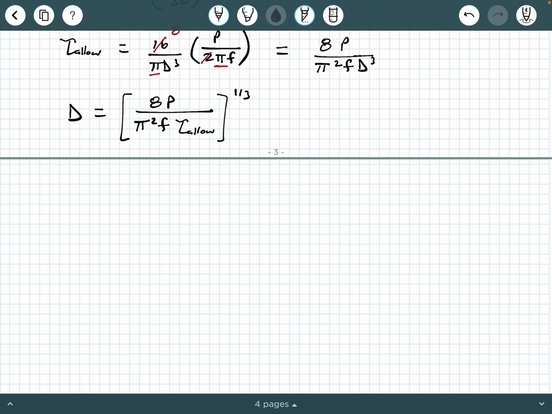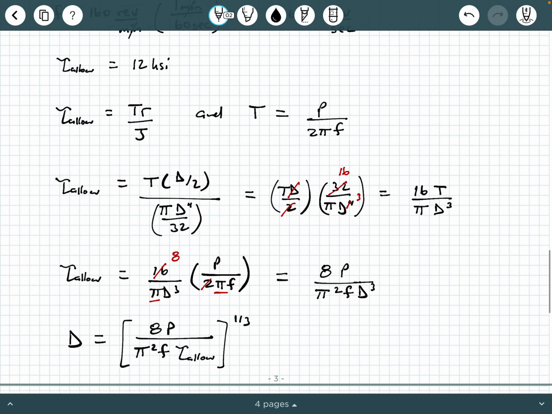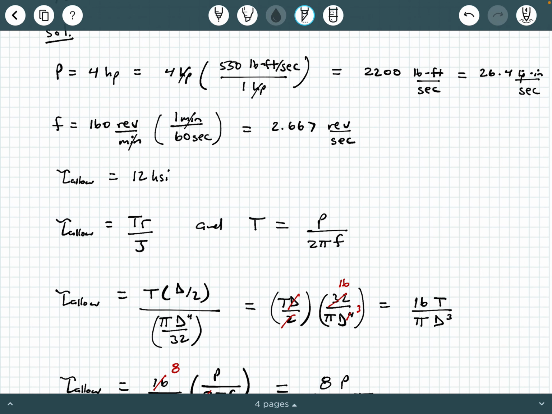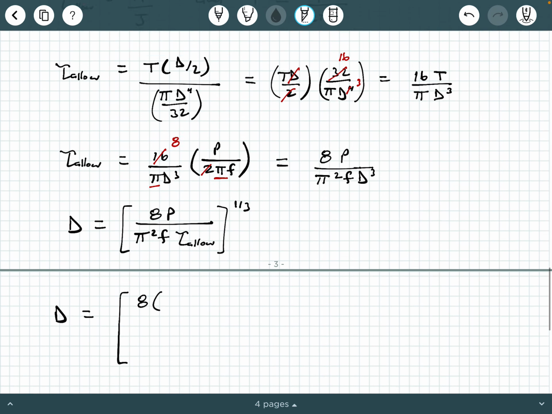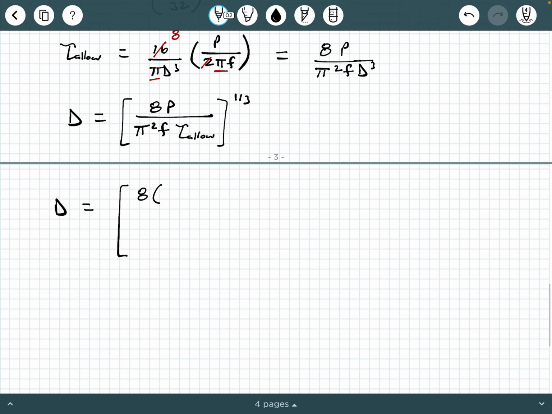Now what I can do is substitute all my values in accordingly for P, for F, and for tau allow, okay? And so I'm going to go ahead and do that, and I'm going to say D equals, I'm going to open up this big bracket, I'm going to say 8, and then what was P for power? Well, earlier we did all the conversions, and we got 26.4 kip inches per second, okay? So we're going to write 26.4 kip inches per second, and then we're going to divide by pi squared, and then what is that frequency F?